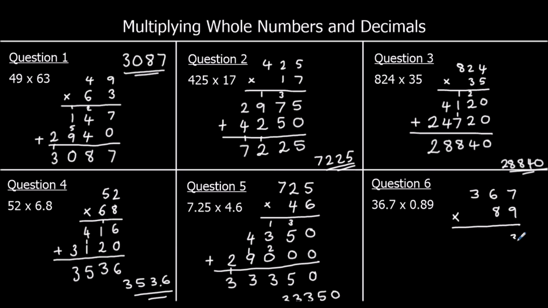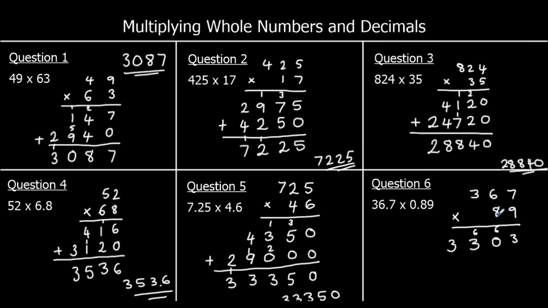So 3 in the ones, carry the 6. 9 times 6 is 54, plus the 6 makes 60. So 0 and carry a 6. 9 threes are 27, plus the 6, 33.